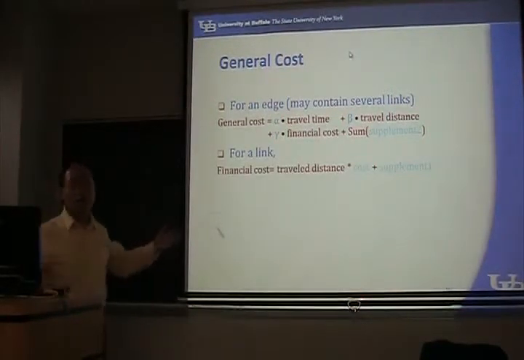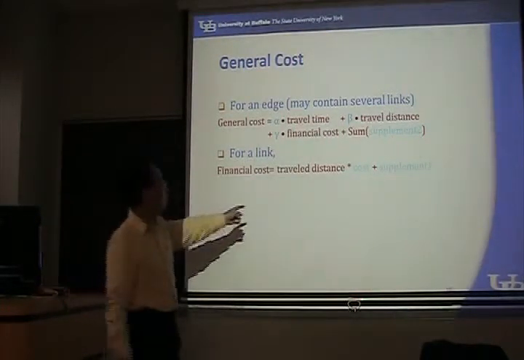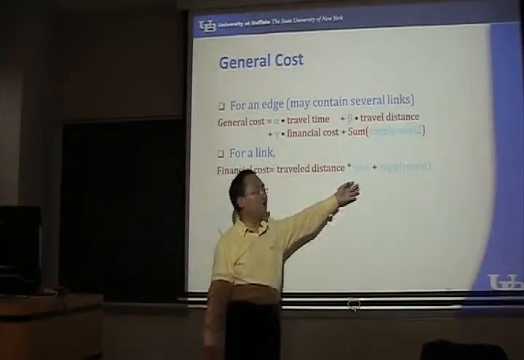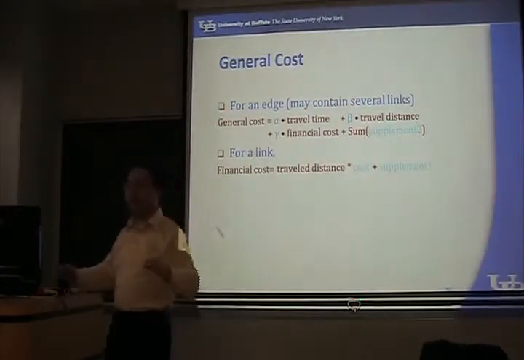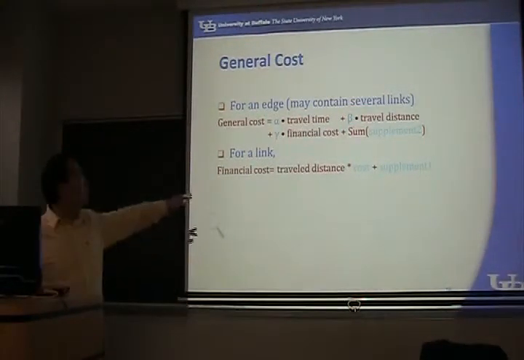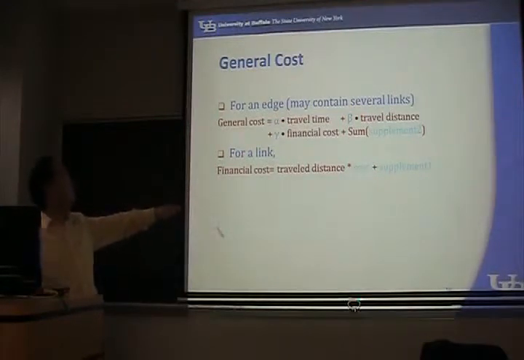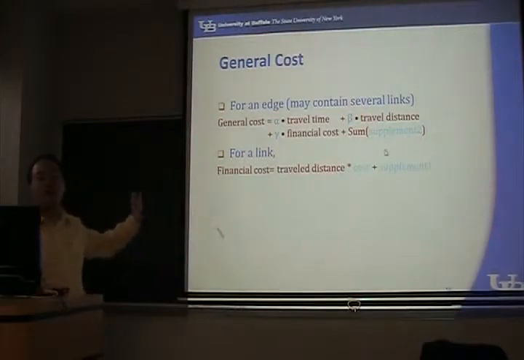And this financial cost is equal to the travel distance of a link multiplied by a parameter called cost, plus sublinear 1. So these light blue things are parameters that you can define on your own.